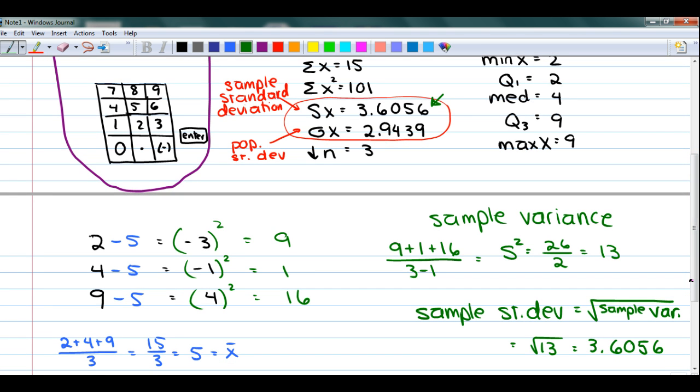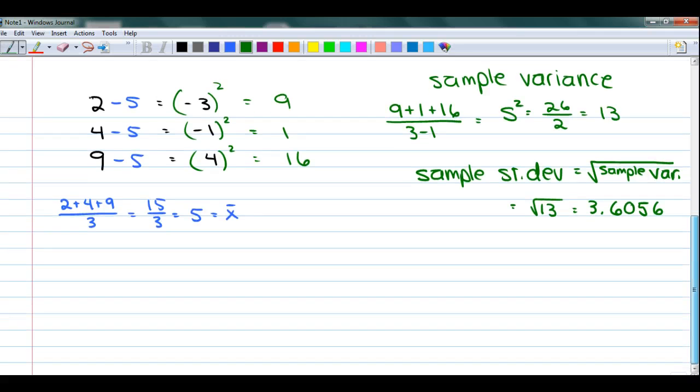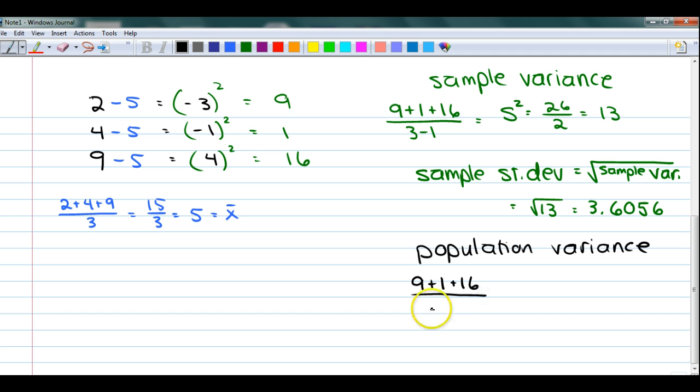If we were going to do population standard deviation, we would have to calculate population variance first, and we do everything exactly like we did. However, this time we don't subtract 1 off from that denominator.